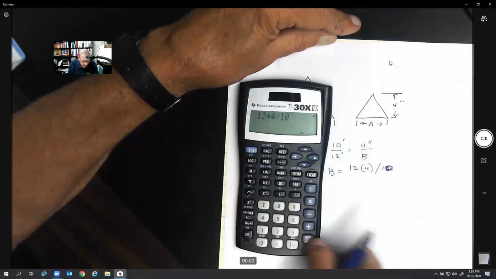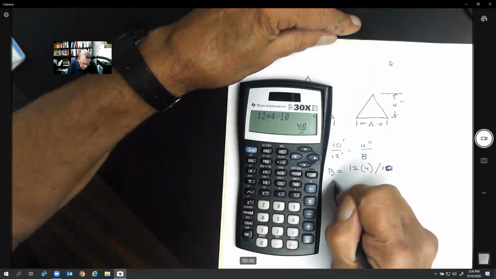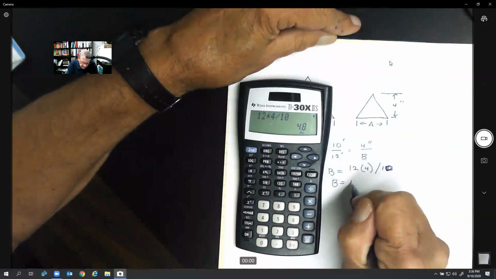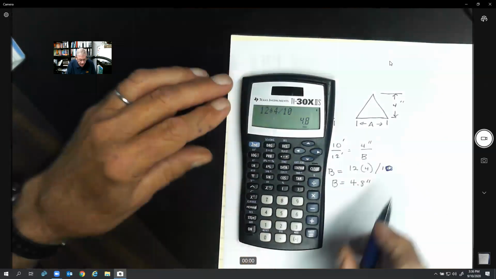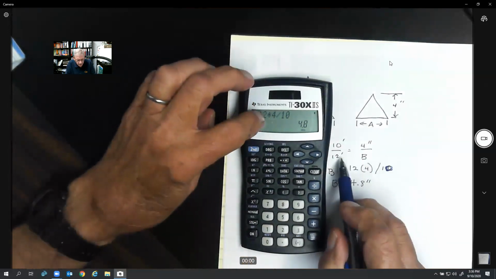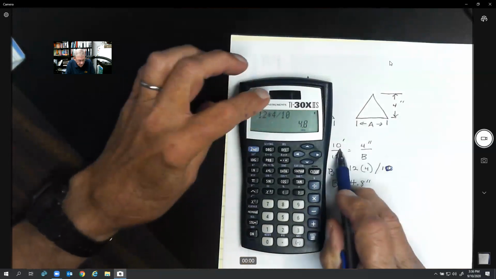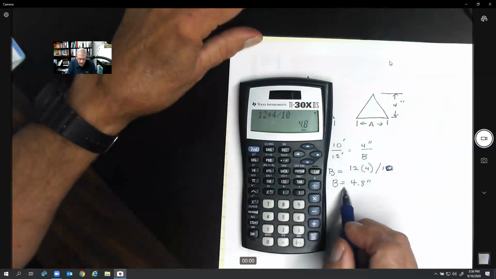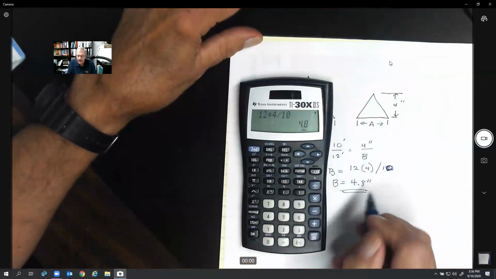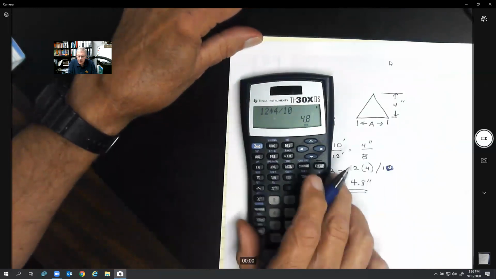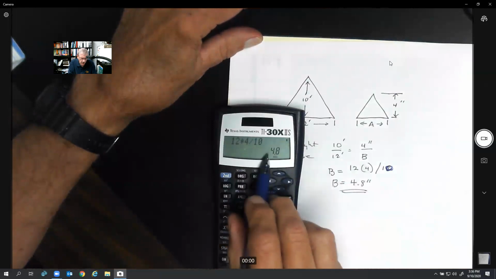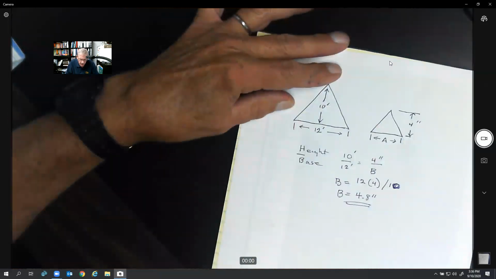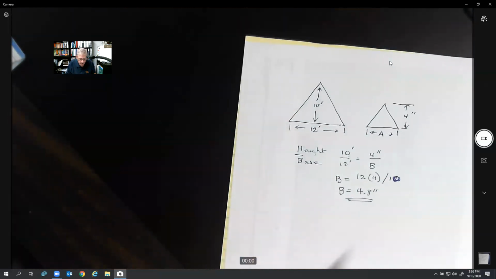Here we go. 4.8. So that answer sounds kind of suspicious. 4.8 inches. So I'm going to look at my work again. 12 times 4 divided by 10. Yes, I have it set up right. 4.8 inches. So it doesn't hurt to double check it. As long as it's displayed, you're okay. But we want to double check our work and make sure we're doing it correctly.